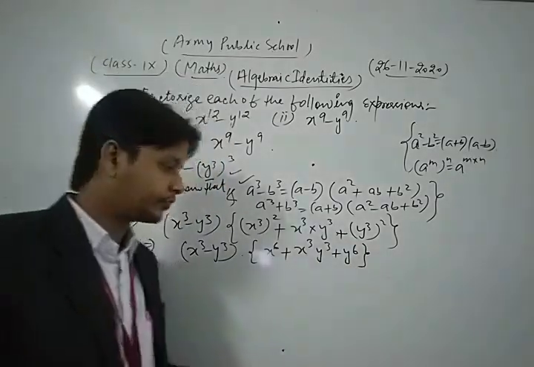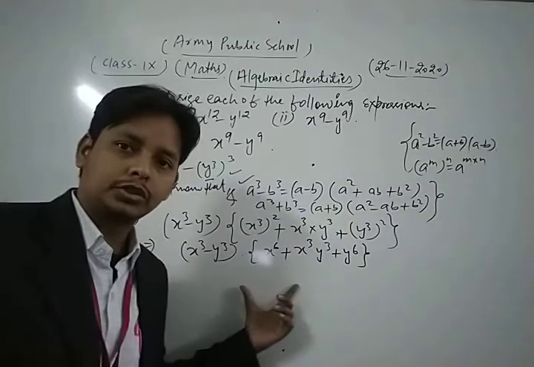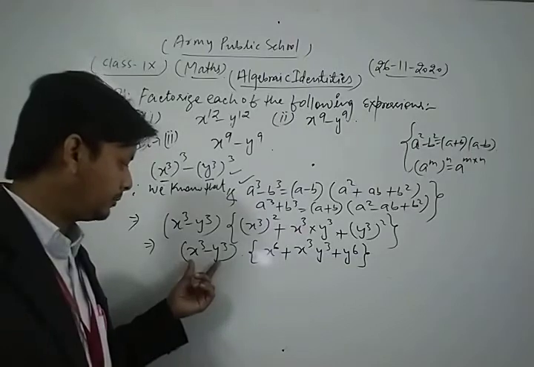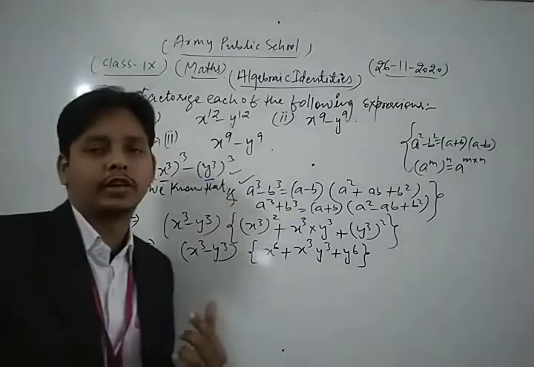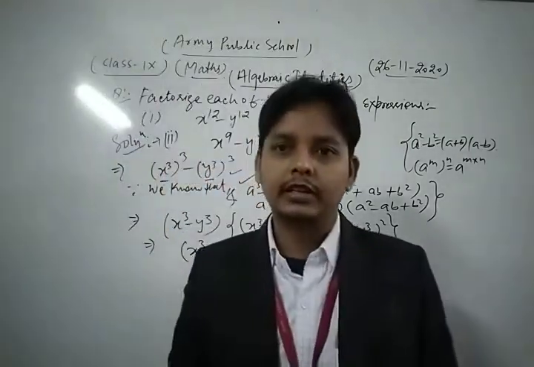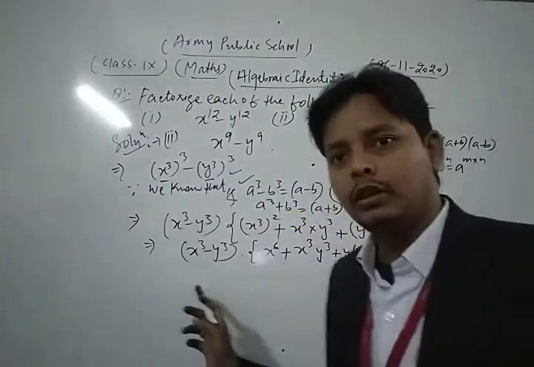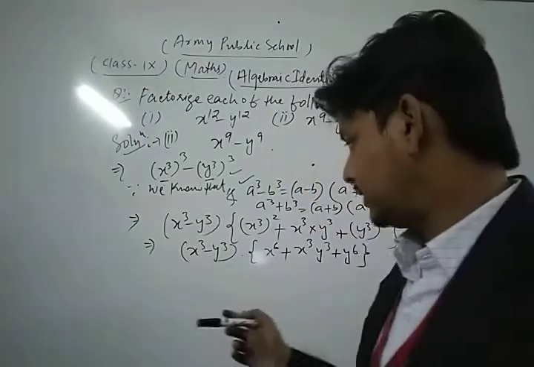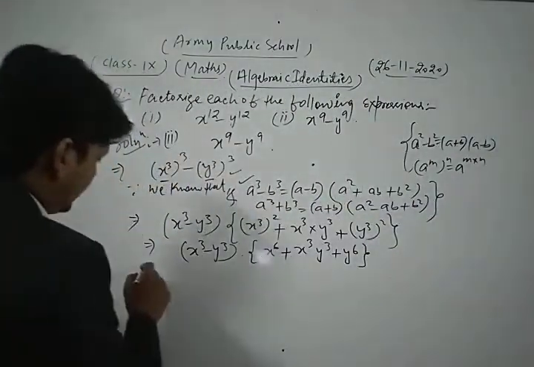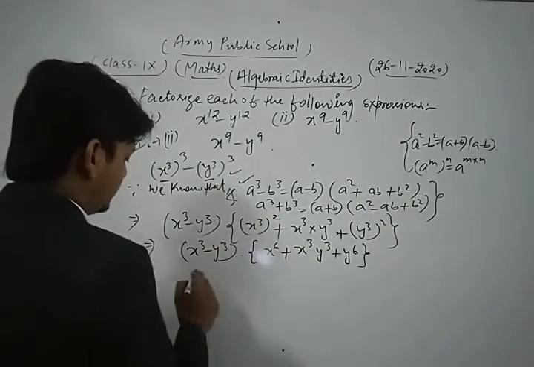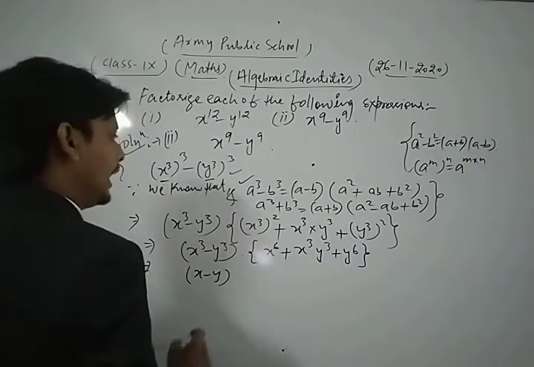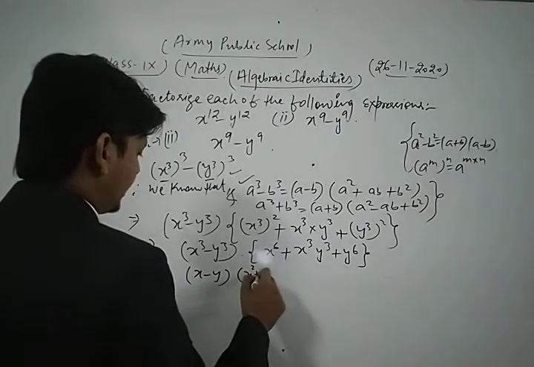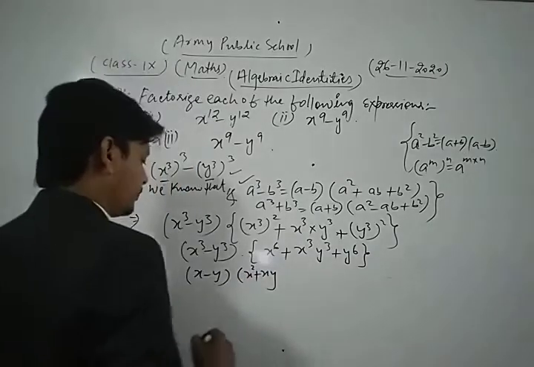We write the given question the same way, but we further split x cube minus y cube by applying the identity a cube minus b cube. So x cube minus y cube is (x minus y) in one bracket, and in another bracket x square plus xy plus y square.